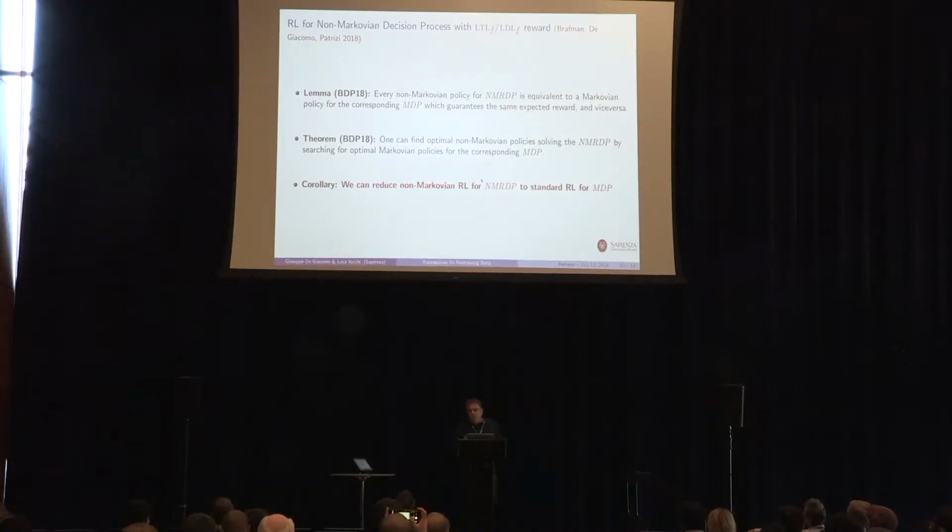What this work tells us is essentially that every non-Markovian policy for one of these systems, in which you have an LTL specification of the reward, is equivalent to a Markovian policy over another MDP, which is built as the Cartesian product of the automaton of the formula and the original MDP. And we have guarantees of optimality.